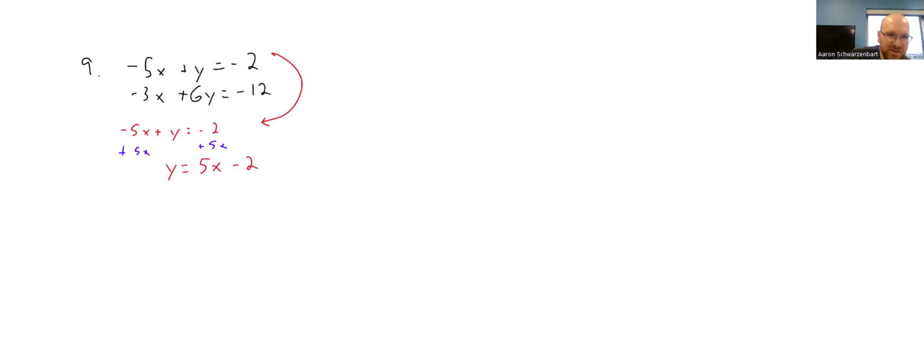Now I cannot plug this in for the y into the same equation. I must plug into my other equation, negative 3x plus 6 times, what did I just solve for? Y, 6y, which y is 5x minus 2, so 6 times 5x minus 2 equals negative 12. Now I will distribute. 6 times 5x is 30x. 6 times negative 2 is negative 12.